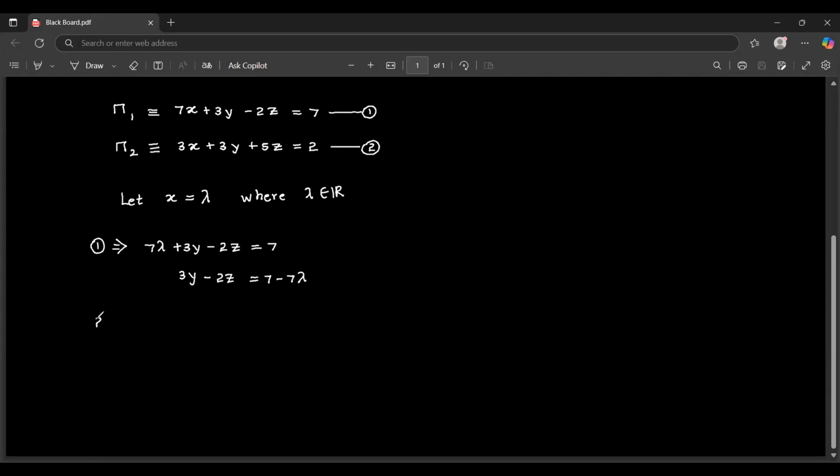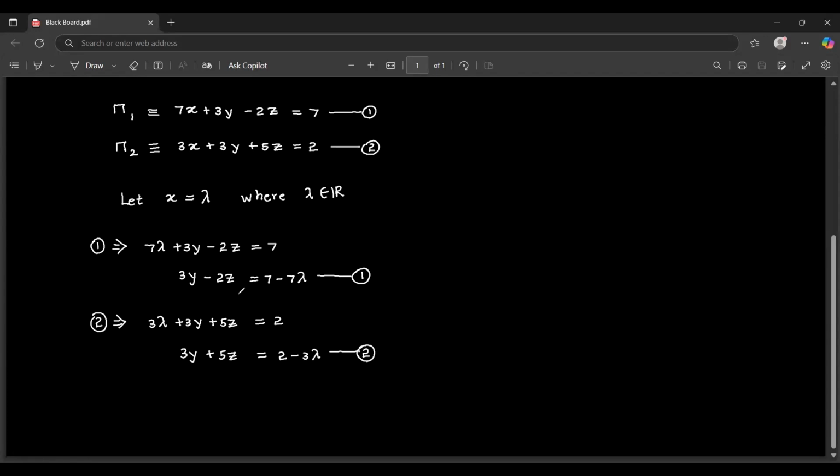The second equation reduces to 3 lambda plus 3y plus 5z equals 2, so I can write this as 3y plus 5z equals 2 minus 3 lambda. These are the reduced versions of the first and second equations.